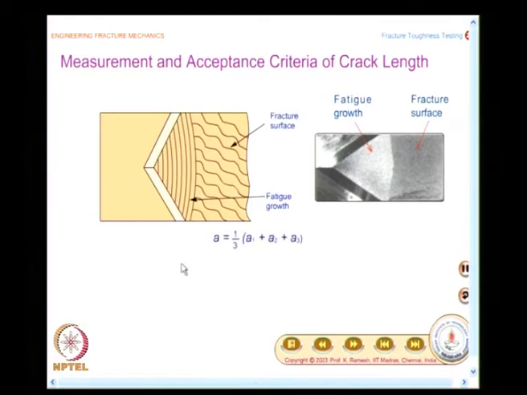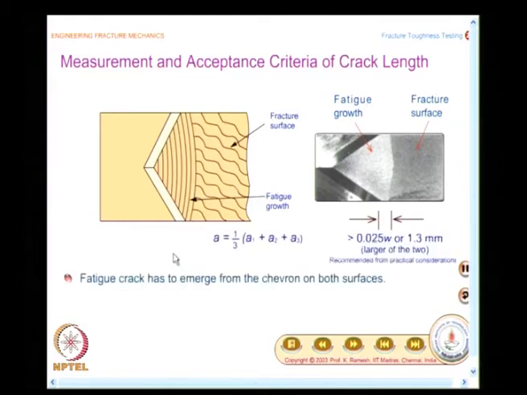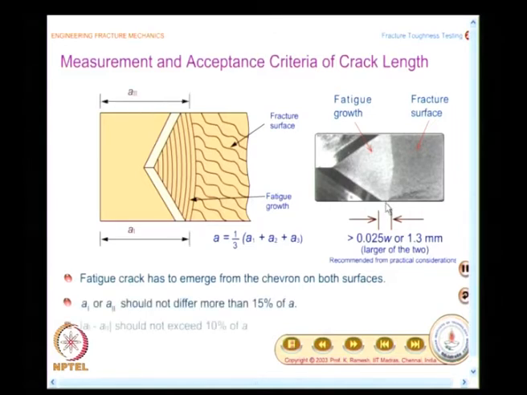Then, as I mentioned, you also need to consider the length that it comes out. The code says the fatigue crack has to emerge from the chevron on both surfaces. You see the crack length only after the specimen is broken.